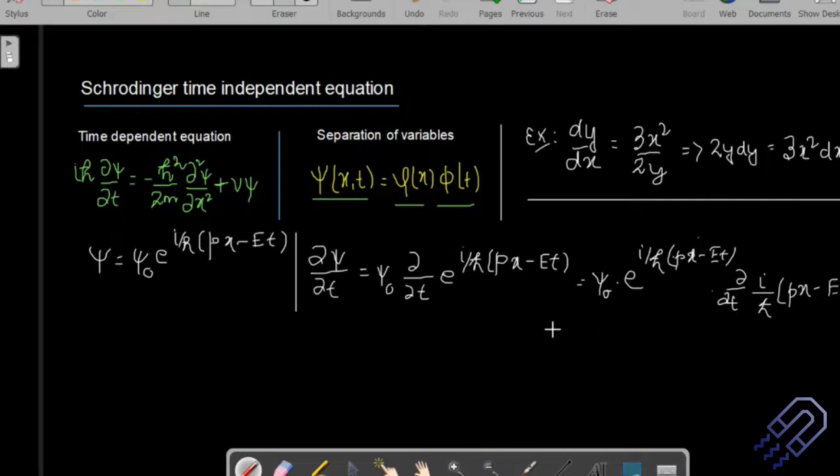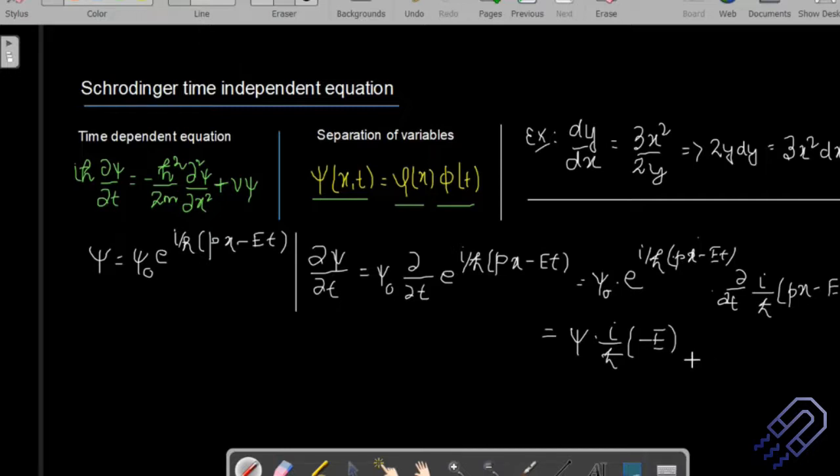Now let's simplify this. This entire term is nothing but psi, so we write psi, and then we differentiate the exponent. Here I can write it as E divided by h cross. We're talking only about differentiation with respect to t, so we can ignore the px term, and we just write minus E.